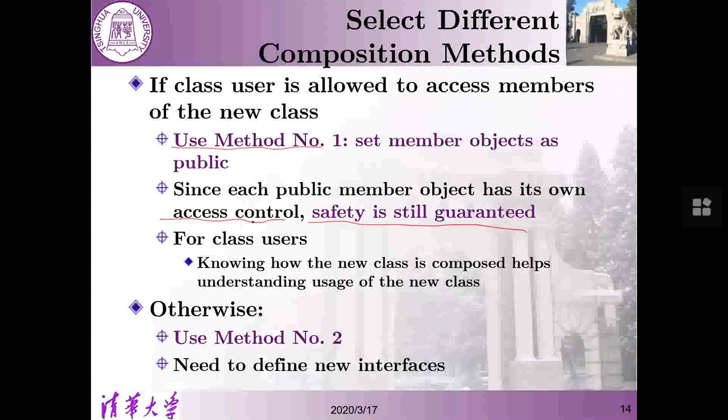For class users, knowing how the class is composed helps understanding the usage of the new class, so for the user it's maybe more clear. Otherwise, it's suggested to use method number 2, that is, private composition, and then we define some new interfaces for the users.